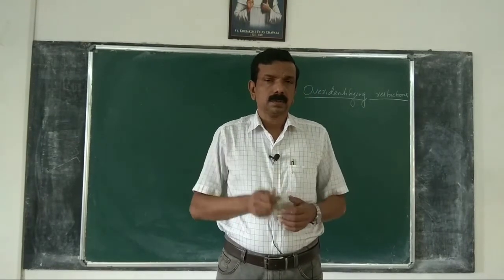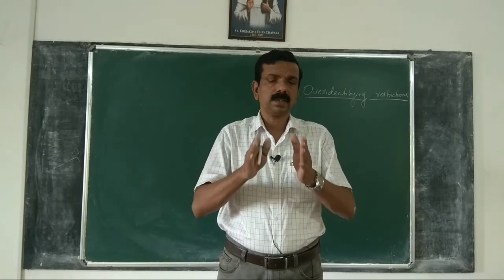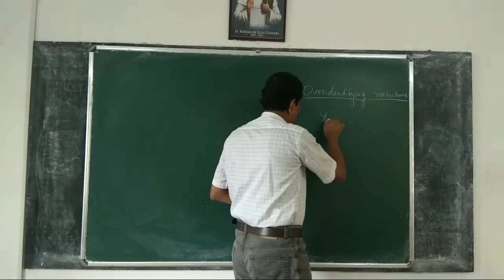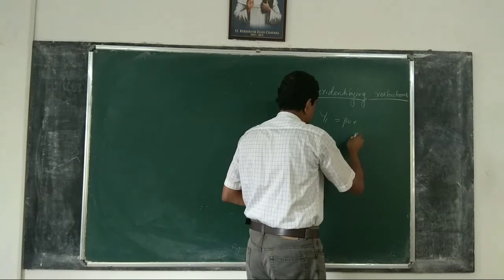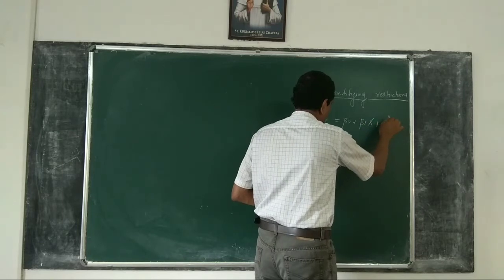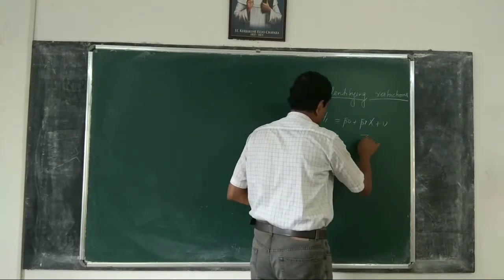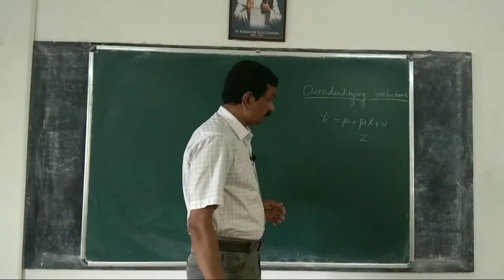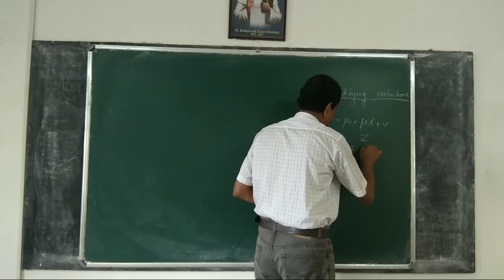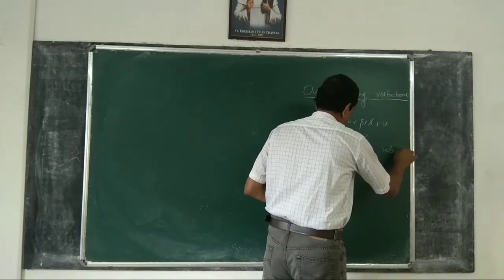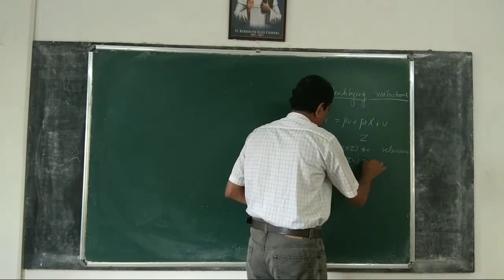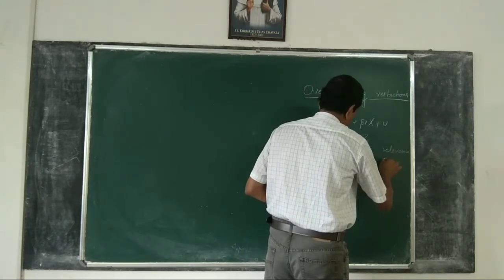Now, while introducing the instrumental variable method of estimation in the model y1 is equal to beta 0 plus beta 1 x plus u, where z is suggested as an instrument for x, covariance xz is not equal to 0, instrument relevance, covariance zu is equal to 0, instrument exogeneity.